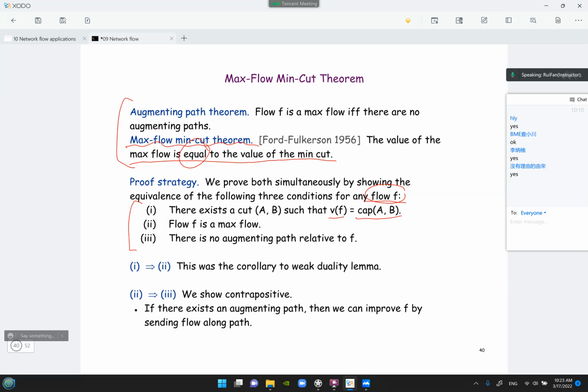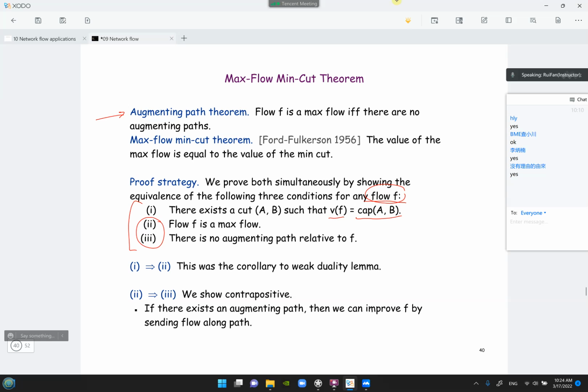If we can show these statements are equivalent, then we can prove both theorems up here. For example, if we show that 2 and 3 are equivalent, that is exactly the augmenting path theorem, which says that you have a max flow if and only if you do not have any more augmenting paths.